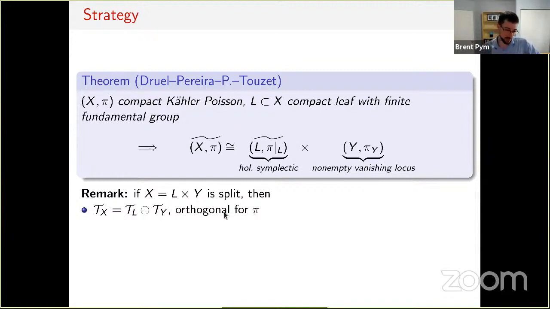So if the manifold does not have a split tangent bundle, then you're going to have a problem. But once you realize this, then you also see that the symplectic form on the symplectic leaf must extend to a global holomorphic 2 form on all of X, because I can just take the form on L and pull it back under the projection to get a 2 form on X.